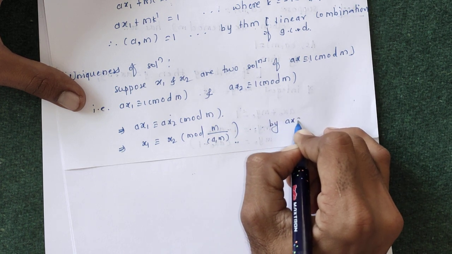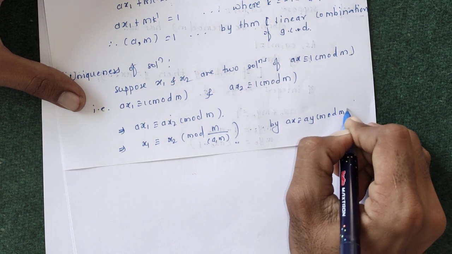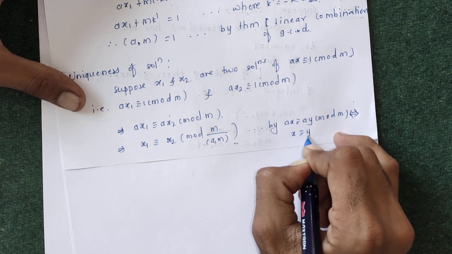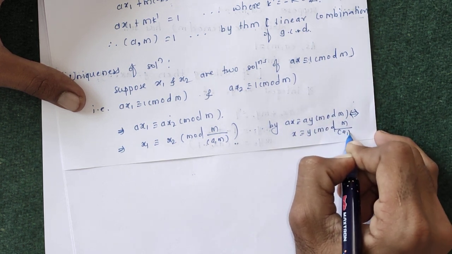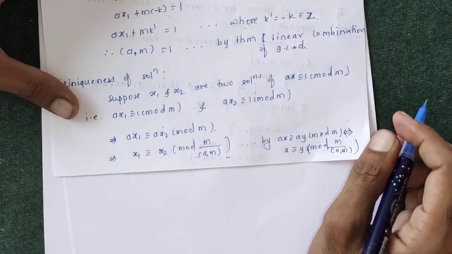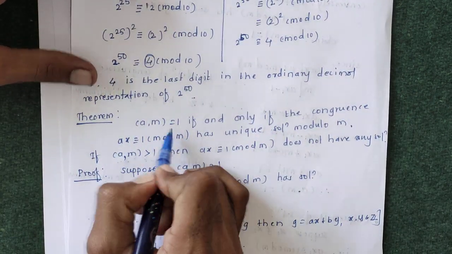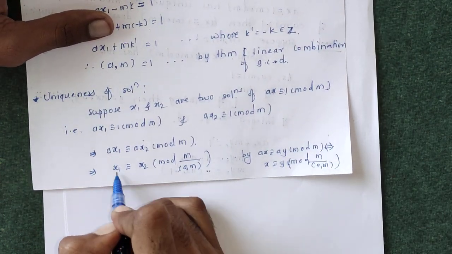And we know that GCD of a and m is given in our statement: GCD of a and m is 1. So putting the value of GCD here, we get x1 is congruent to x2 modulo m.